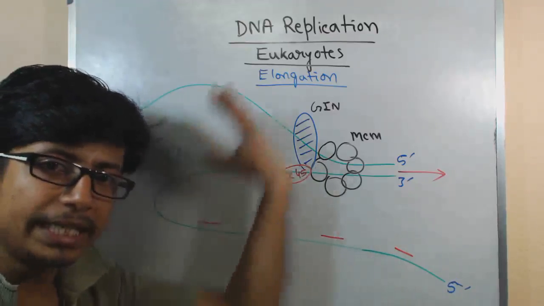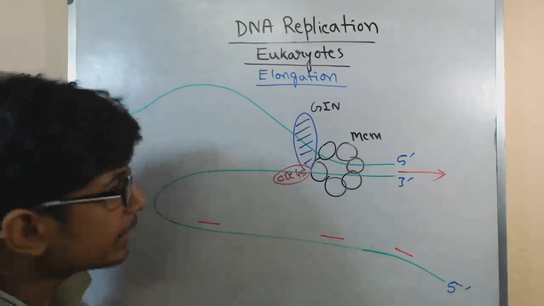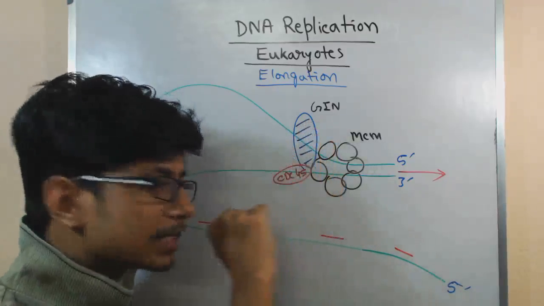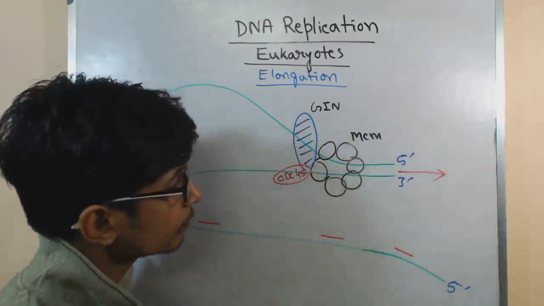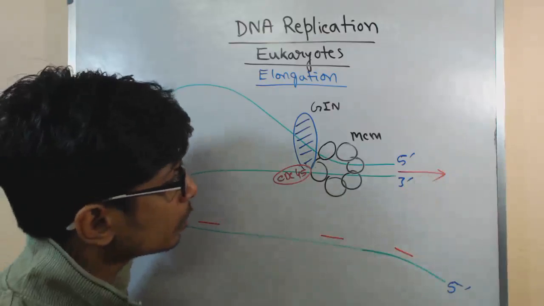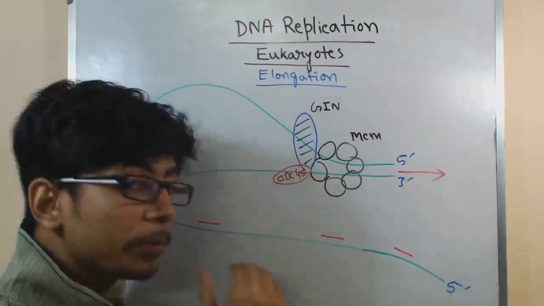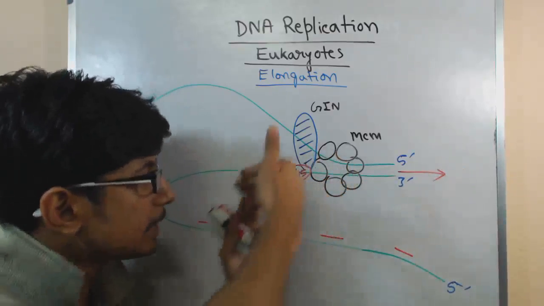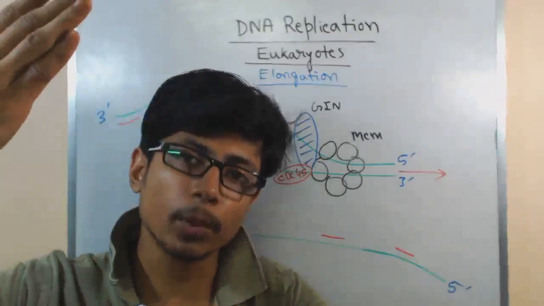Now that we know the leading and lagging strand differentiation and the loop-like structure, the second thing I want to talk about is that this melting complex is moving towards the right-hand side. As it is moving in this direction, what will happen? As the DNA is melted, that means the hydrogen bonds are broken.